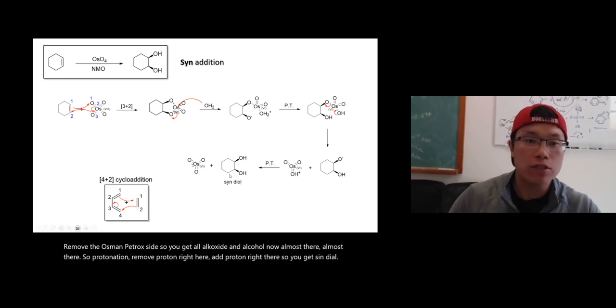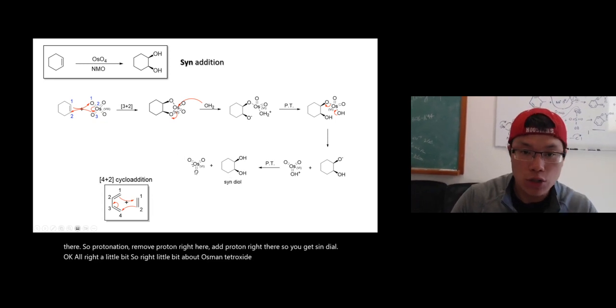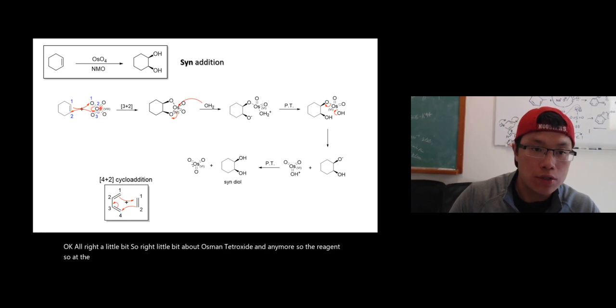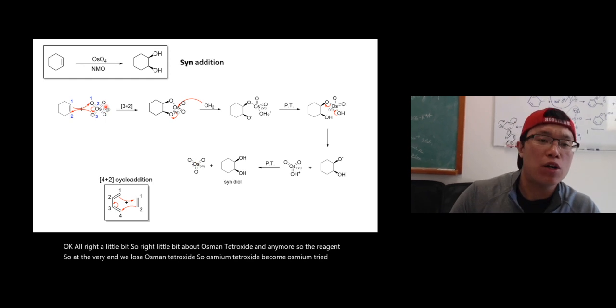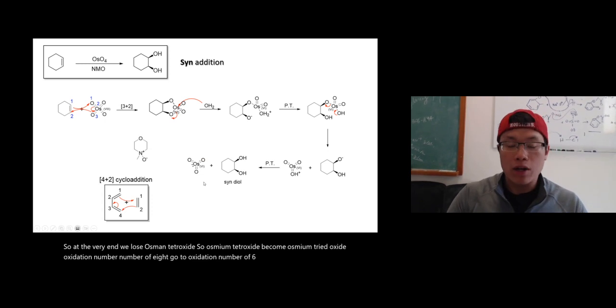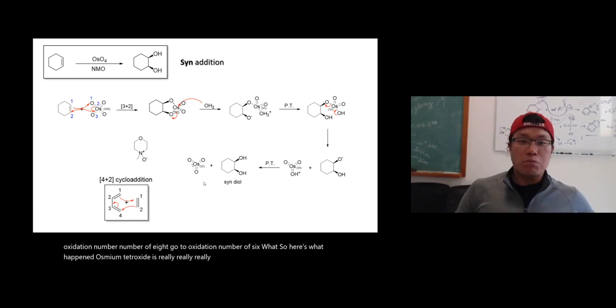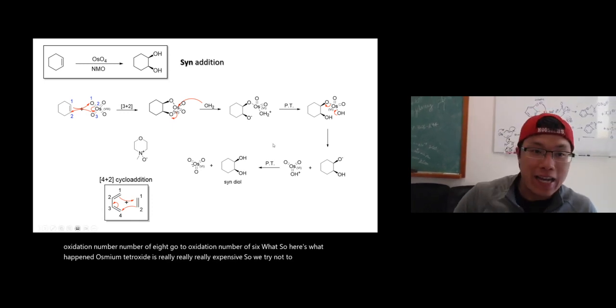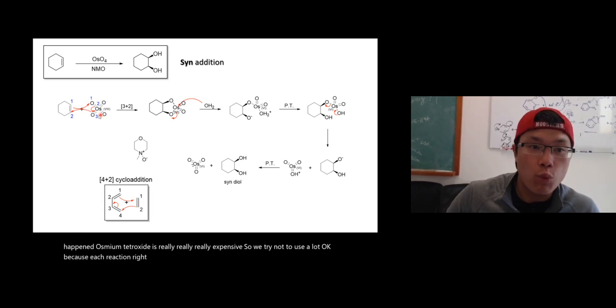A little bit about osmium tetroxide and NMO, the reagents. At the very end, we lose osmium tetroxide: osmium tetroxide becomes osmium trioxide, oxidation number of 8 going to oxidation number of 6. Osmium tetroxide is really, really expensive, so we try not to use a lot. Each mole of osmium tetroxide, once we use it, can't be used anymore.